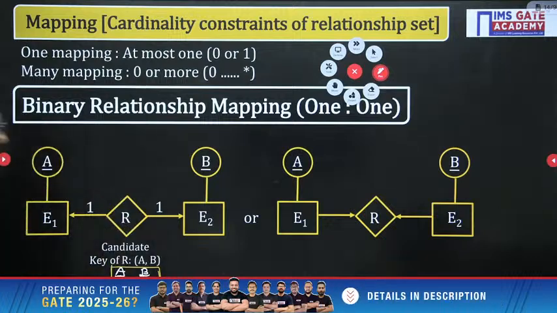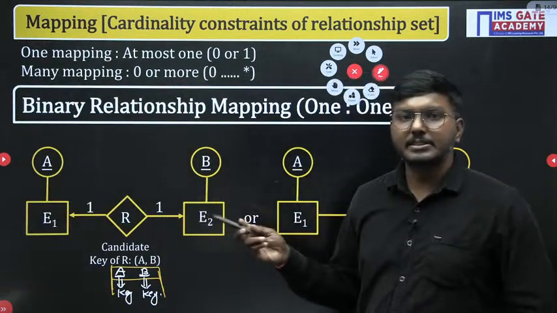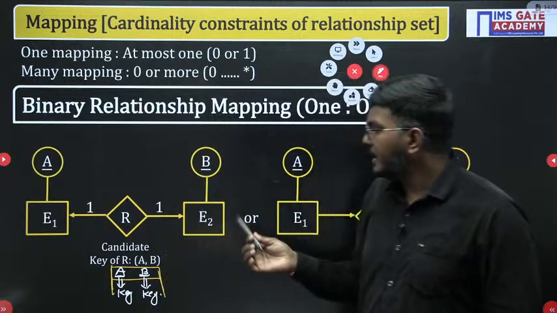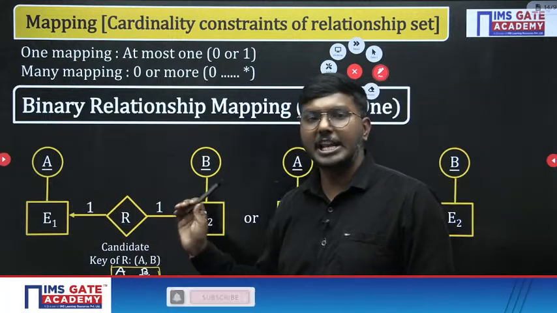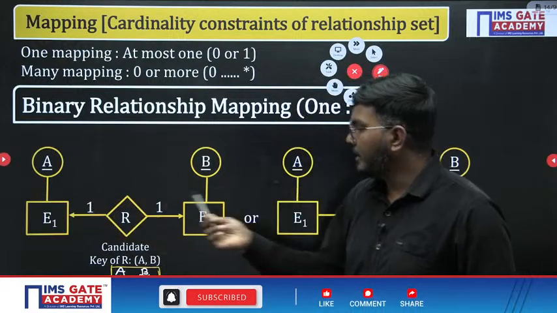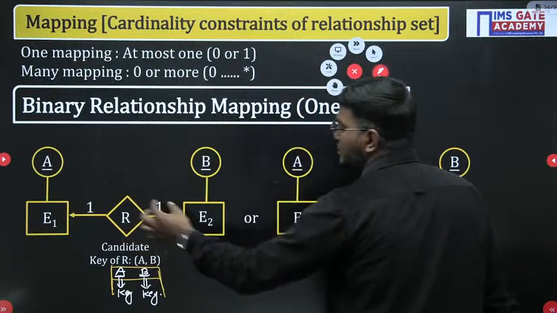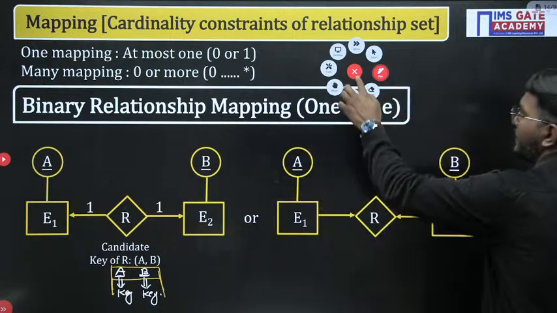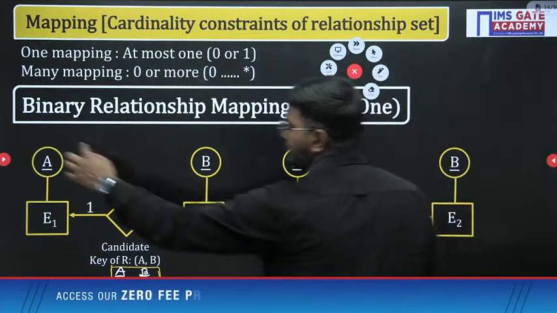Fine. So if the mapping is 1 to 1 and the participation is partial, then you can merge the R towards the E2 side or towards the E1 side. Any one side we can merge. It's up to you. If you want to merge towards the E1 side, it's possible. If you want to merge towards the E2 side, it's also possible. Now let's merge towards the E1 side.